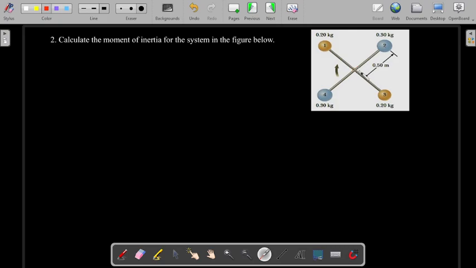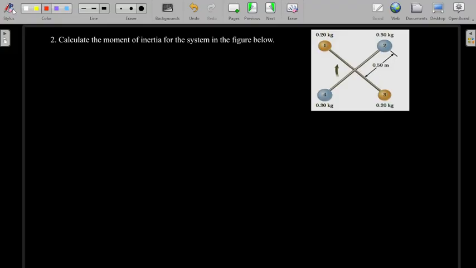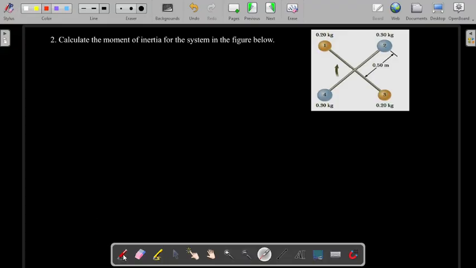The radius is 0.50 meters for pins 1, 2, 3 and 4. So now to find the moment of inertia, there are different ways in which we can do it.